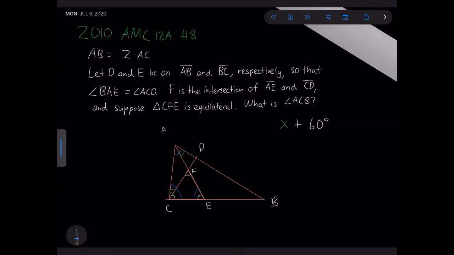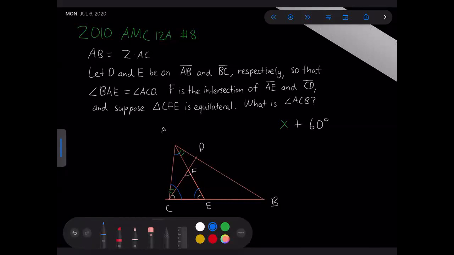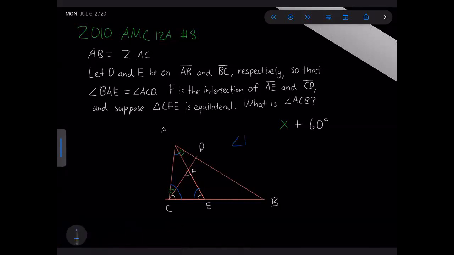This should make sense to you. This is triangle ACE. These all sum to 180 degrees. So let me just write that down.